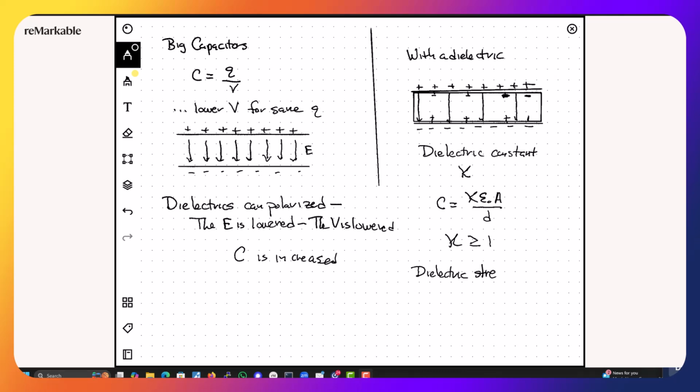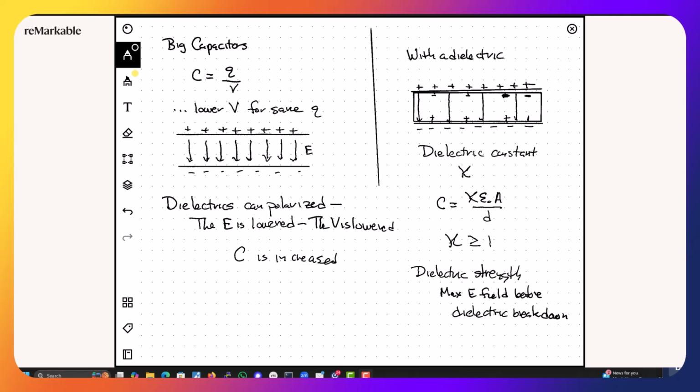Now, it's not perfect because there's also a dielectric strength, which is sort of the maximum E field before what we call dielectric breakdown. So that dielectric breakdown is that dielectric material can't sustain those fields anymore and it becomes conducting, right?